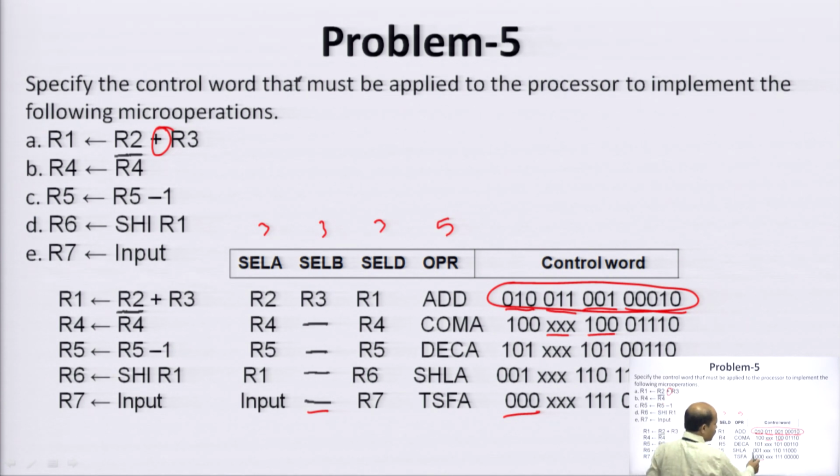If it is 000, we are connected with the input, and there is no second operand, which is why 3 crosses are given here. This value is transferred to R7, and for this the destination selection will be 111. Finally, there is no operation, only a transfer operation, so all zeros are given. So, this is the control word table for these operations.